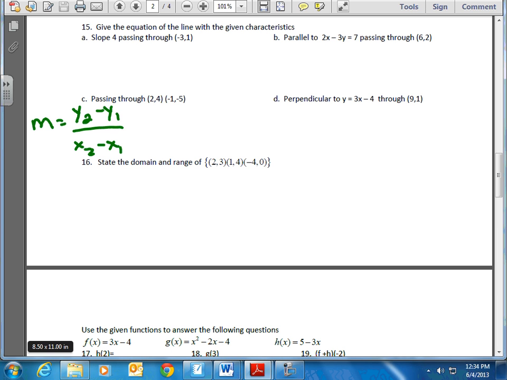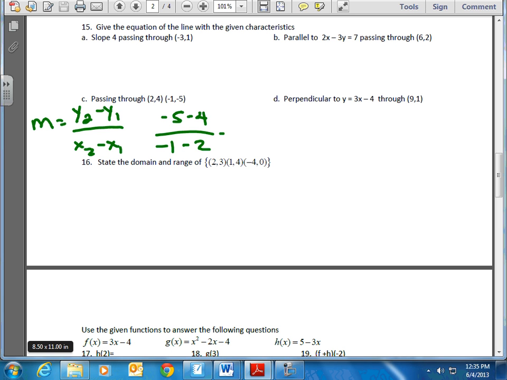Doesn't matter which one's the second y or the second x. Just pick one of them. But once you pick the y value as the y2, then that x value that goes with it is the x2. So I'll start with the -5, and I'll subtract the 4. Since I did that, I have to start with the -1 and subtract the 2.